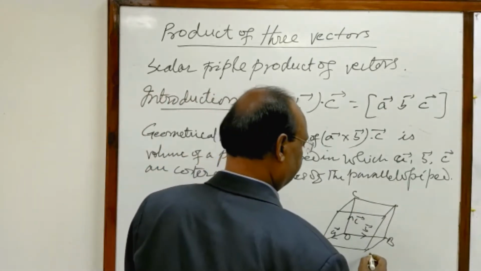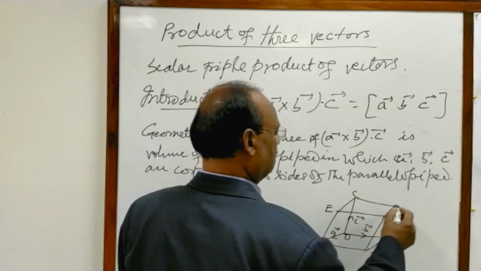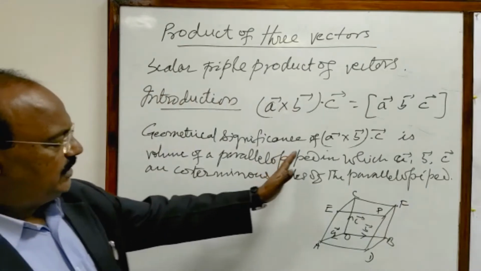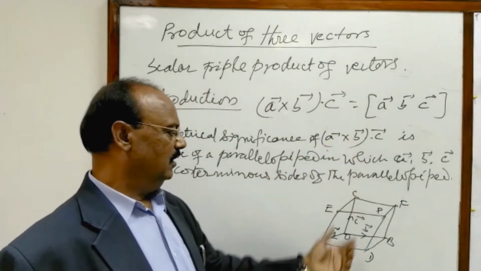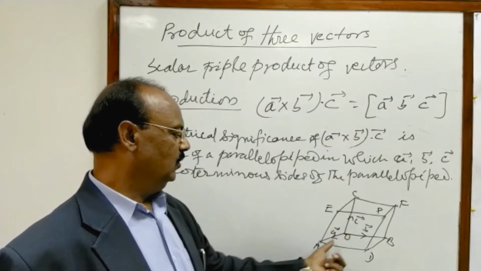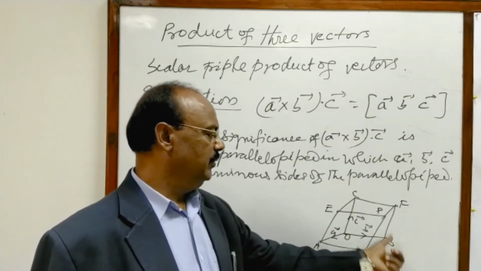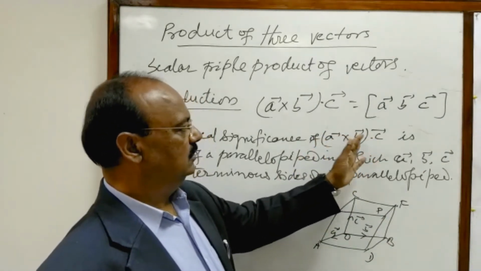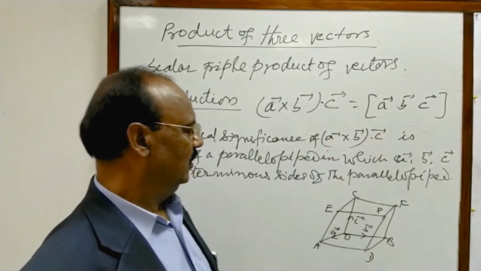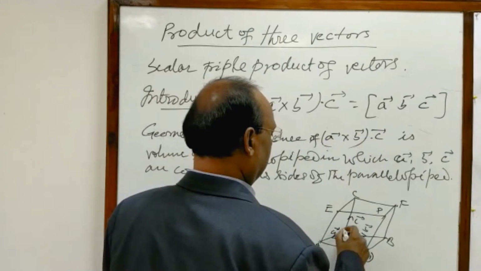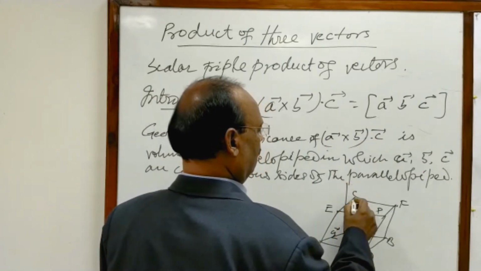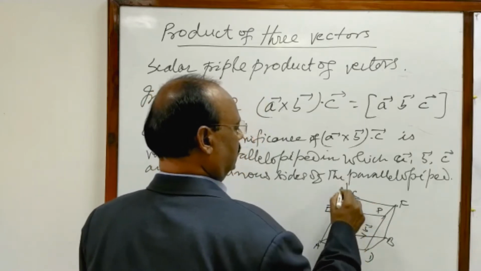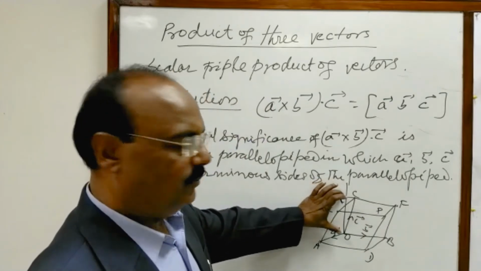Let us write here D, here E, F and P. So you see, first of all, when you find A cross B, then this is the area of this parallelogram O, A, D, B. And when you find the dot product of A cross B and C, then this is a projection of vector C on the perpendicular, suppose OQ. So here OQ is the height of this parallelepiped.